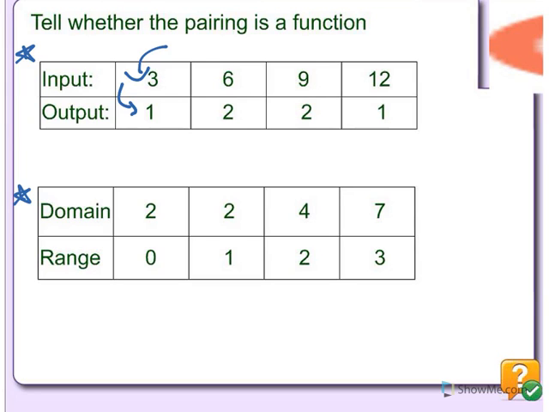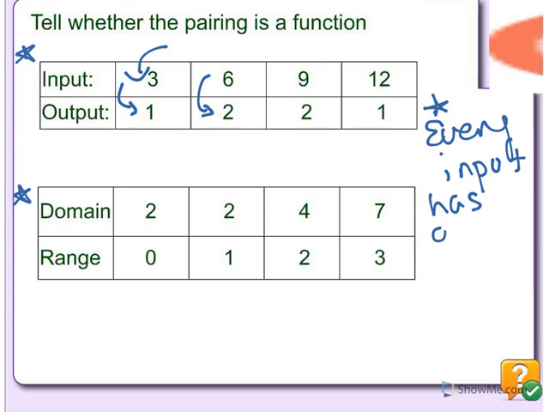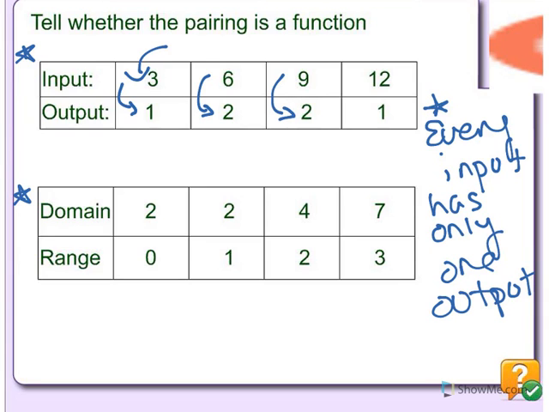So here I have an input of 6 and an output of 2. Remember, every input has to have only one output. So here the input of 6 has an output of 2. That's the only output that 6 gives me. Here I have an input of 9 with an output of 2.